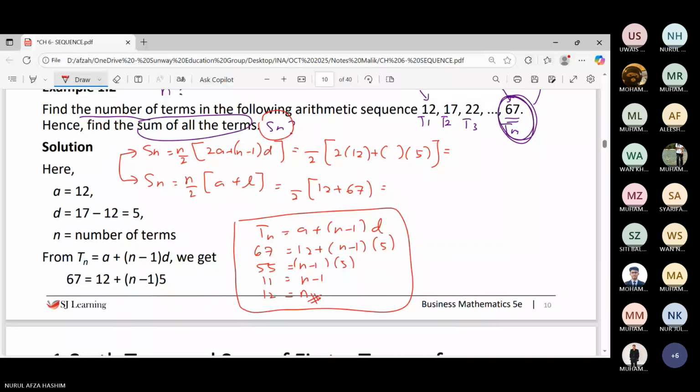Okay, so that's why this is 12. This is 11. This is 12. Then you get the same answer. So this is 474. This one also 474. You get the same.